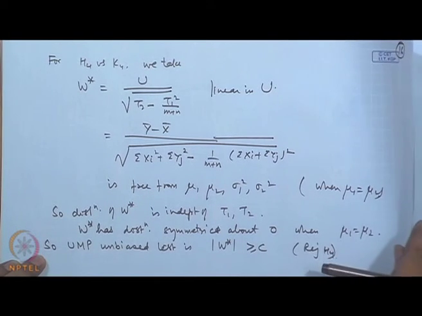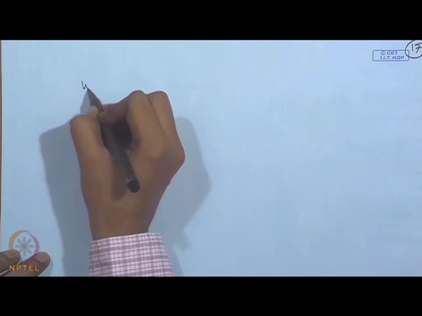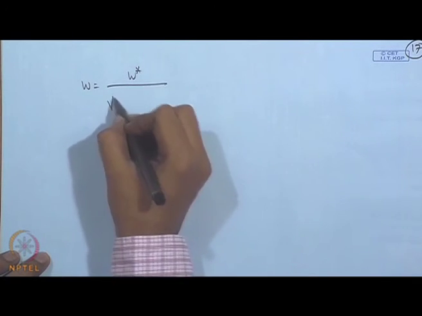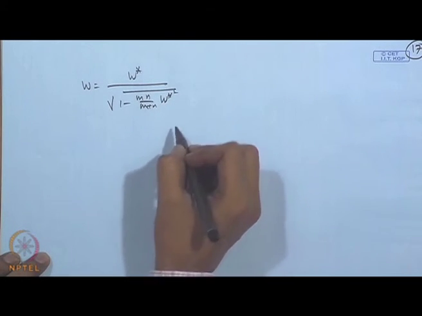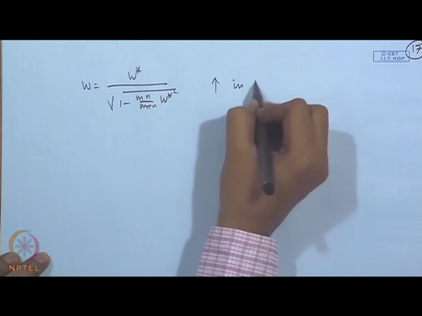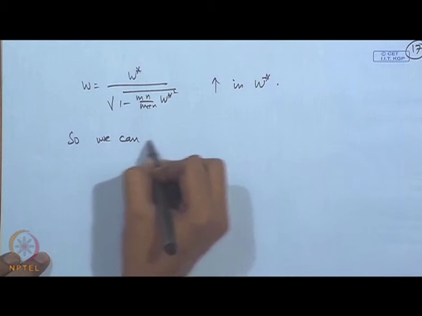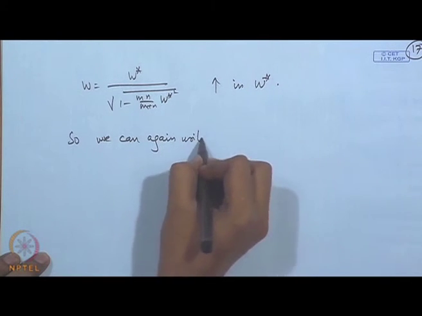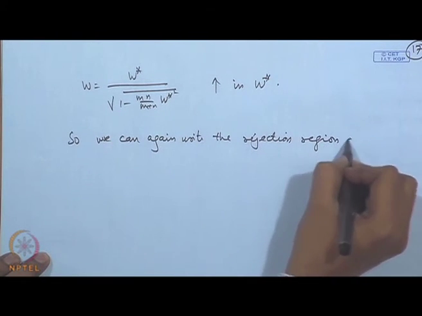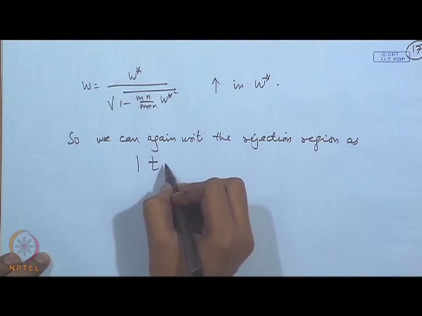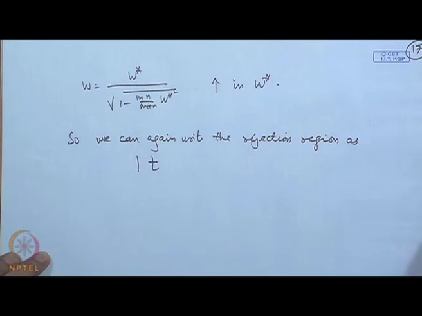Now, what we can do? We can consider, say, W, that is W star divided by root of (1 minus mn by (m plus n) W star square). This is increasing in W star. So, we can again write the rejection region as modulus of T, which I defined in the previous case.